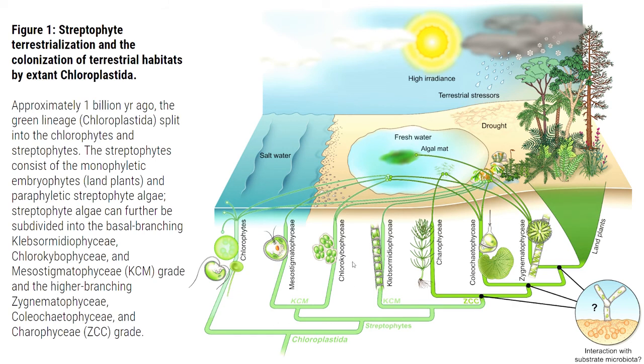They develop characteristics that allow them to survive so far from the water. They were able to survive drought, high irradiance from the sun, and terrestrial stressors, and continuously evolve into the different varieties of plants we know today. So the ancestors of modern day terrestrial plants can be found in salt water, from their ancestors, the chlorophytes and streptophytes.